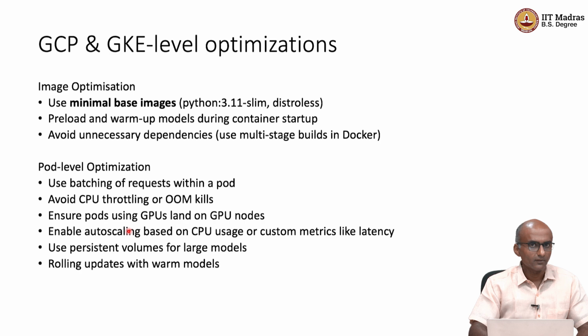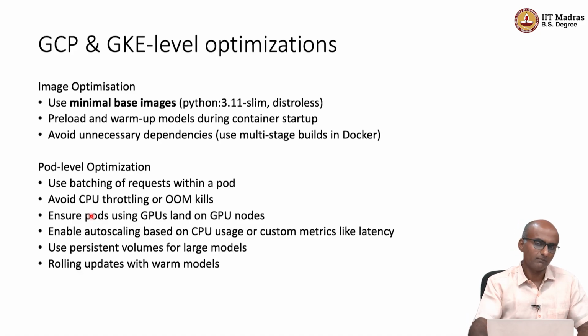It's very powerful. Obviously, it involves an expansion in cost, which might be problematic for some people. So you can limit the extent of scaling by having configuration parameters. So we'll see an example of this in the hands-on session. You can also ensure that pods use GPUs, and those GPU using pods are only deployed on GPU nodes.